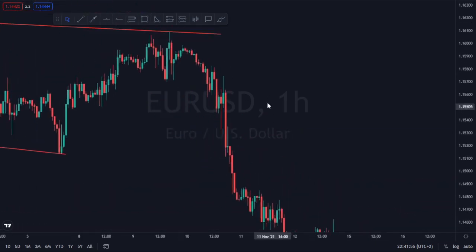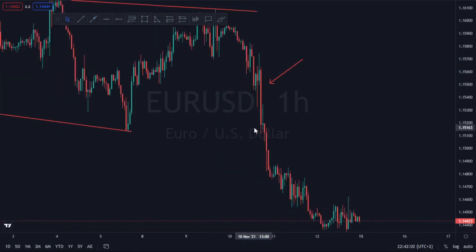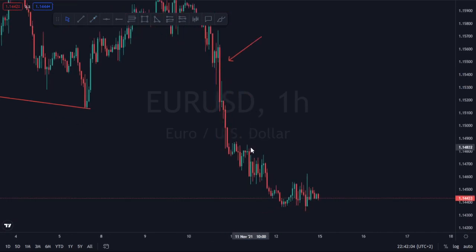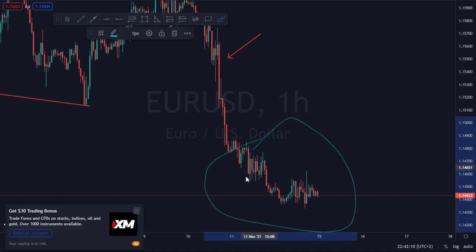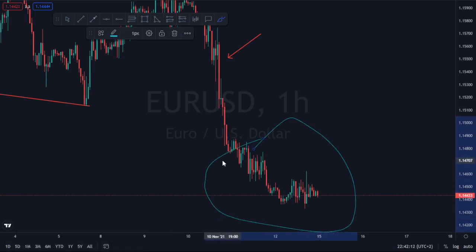So price has been moving impulsively here. Price moved impulsively, and I was actually anticipating a continuation pattern somewhere here, but that didn't happen.